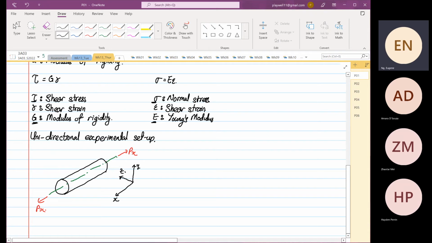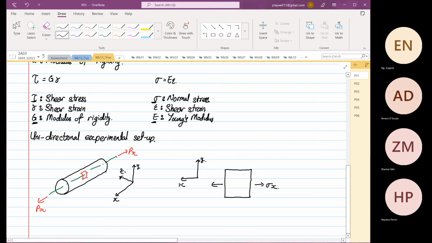So if we view this in the y and x configuration, and we put an element over here, when we draw it out, if we look at the front view, we only have one stress state, and that stress state is sigma x.